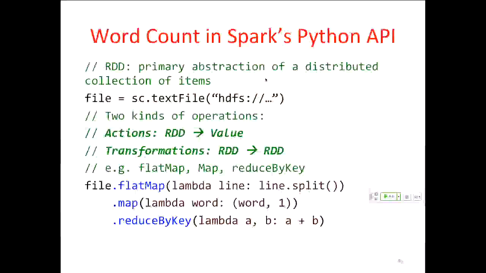Here we use flatMap and map to generate these pairs, and then by using reduceByKey, we get the total counts for each word, okay? So this is very simple. You will practice this Spark in the section and in the lab, and finally you will use Spark for your project, okay?